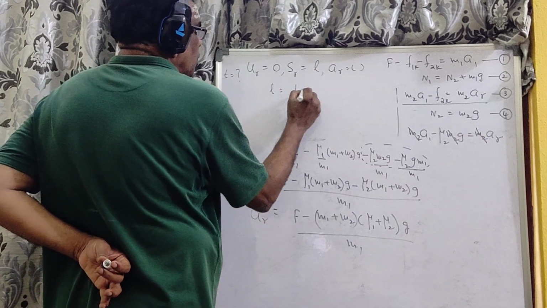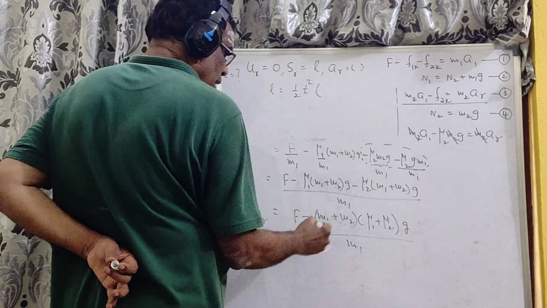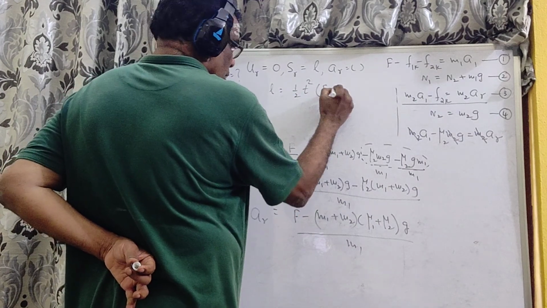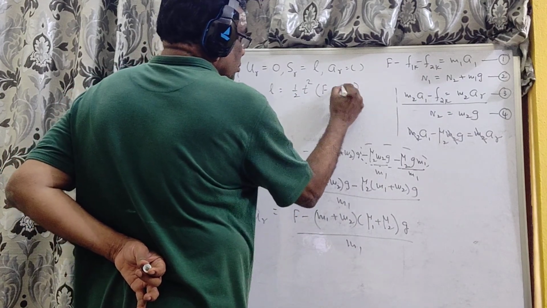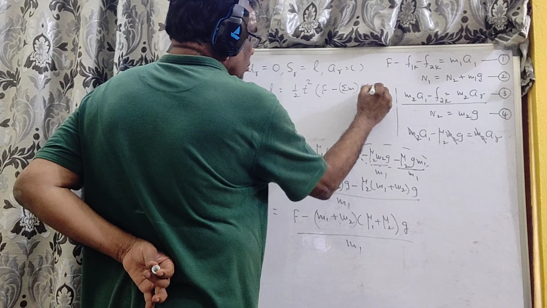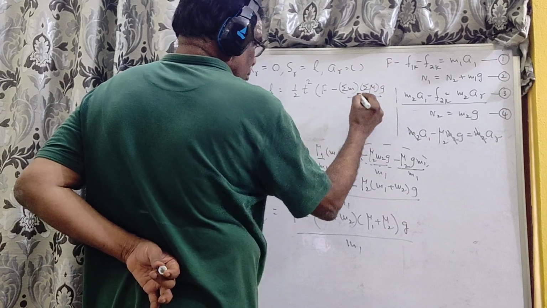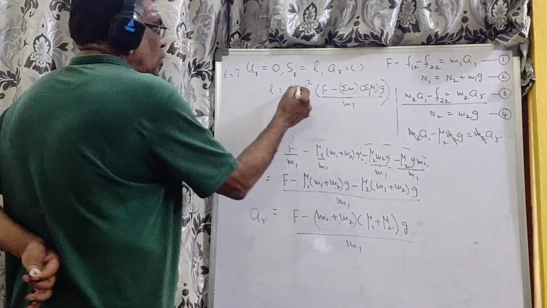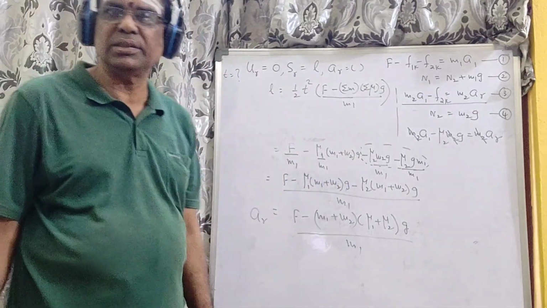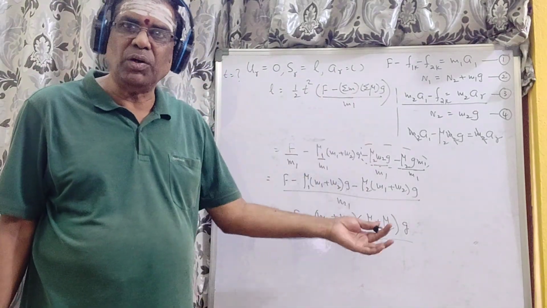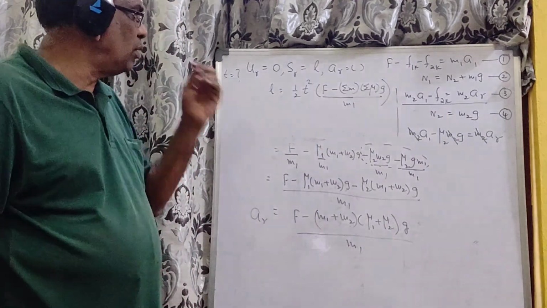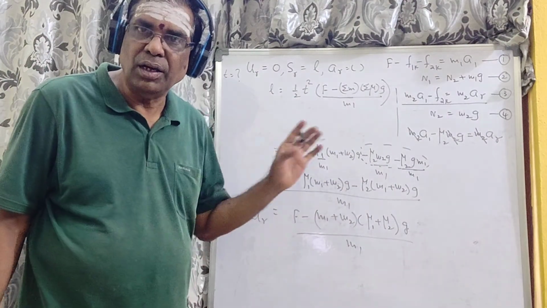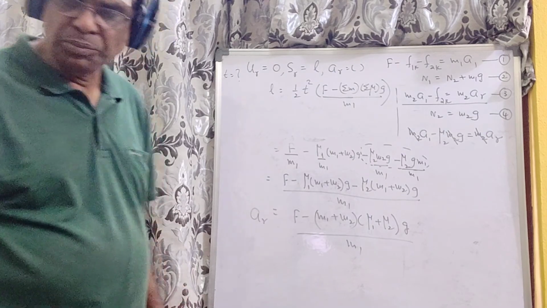L is equal to half T square AR. AR means all this. So T you can find out from this. In this time, this body will come off. I hope this is clear to you, right?